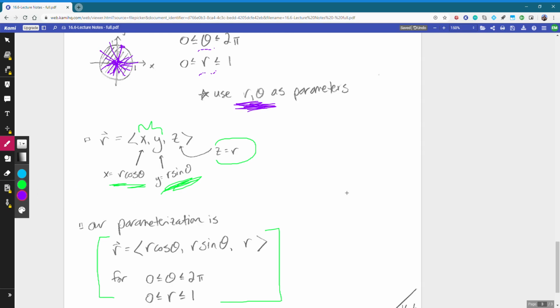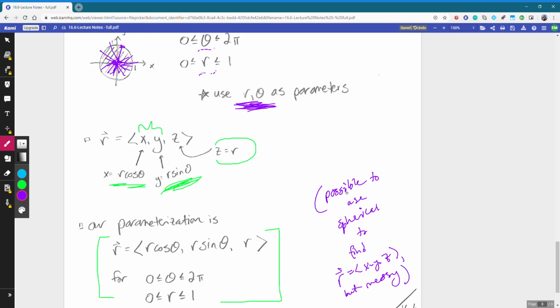And again, let me mention that it is definitely possible to use spherical, to think in terms of a spherical description of our cone to find our parameterization. But it is a little bit messier than these two.